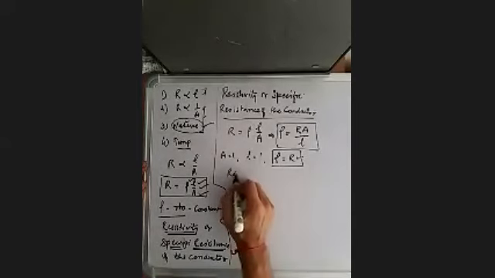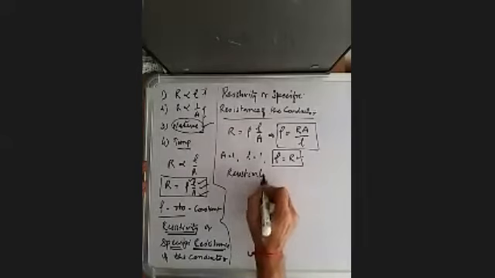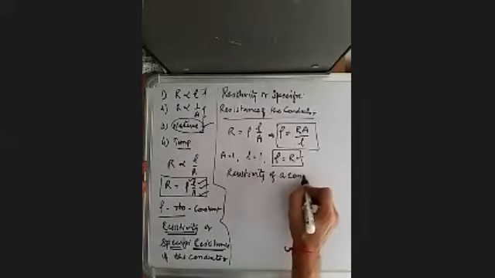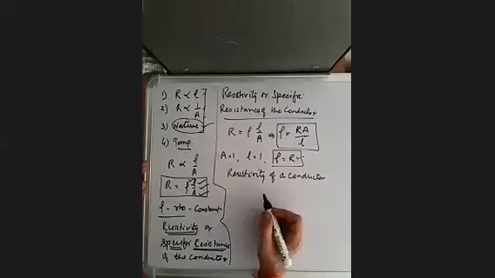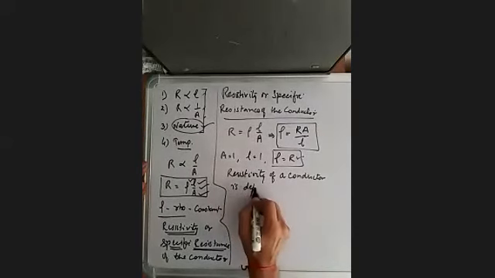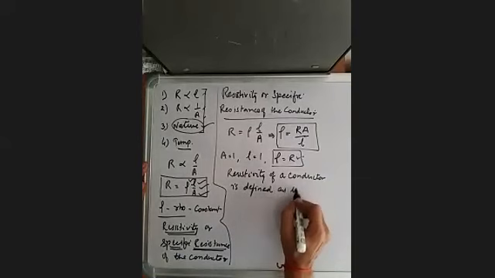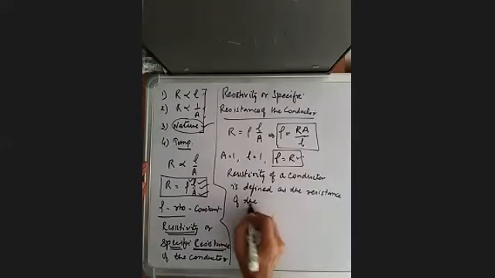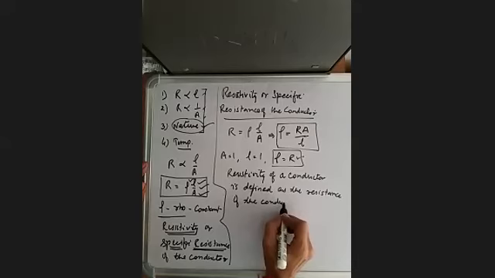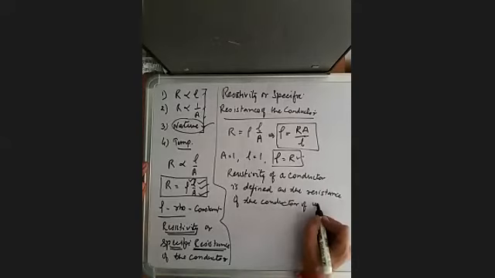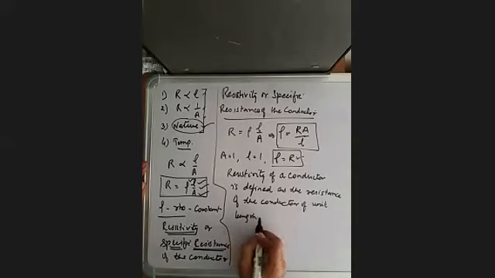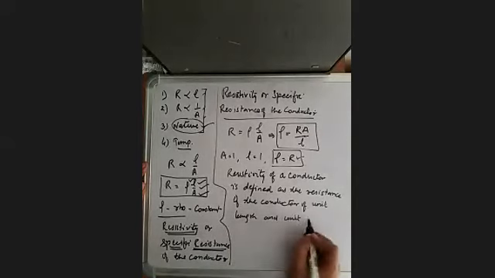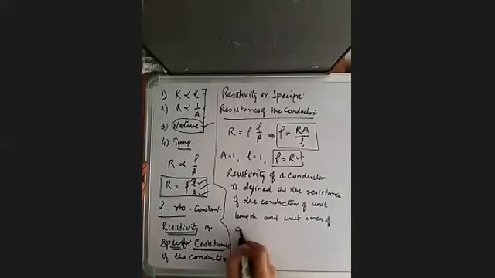So resistivity of a conductor is defined as the resistance of the conductor of unit length and unit area of cross section.